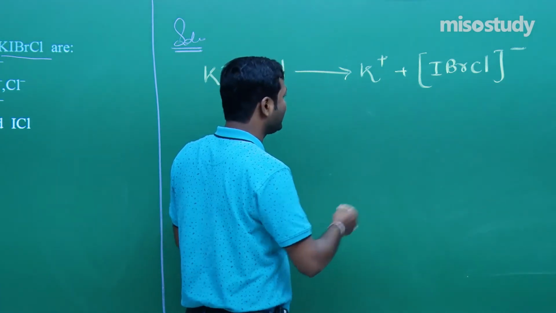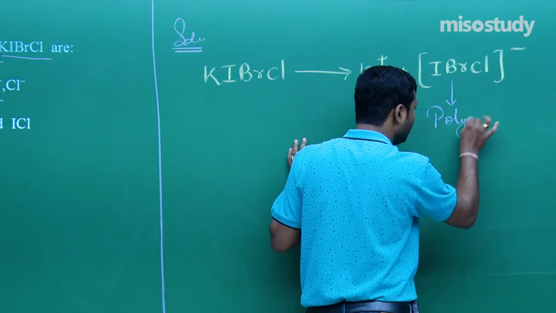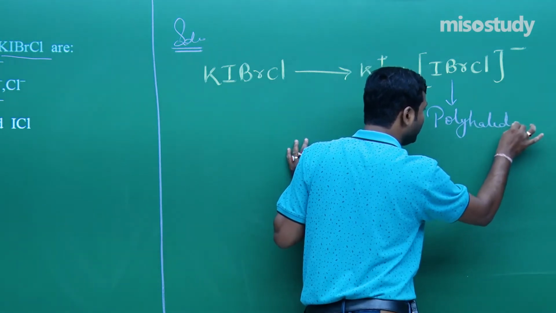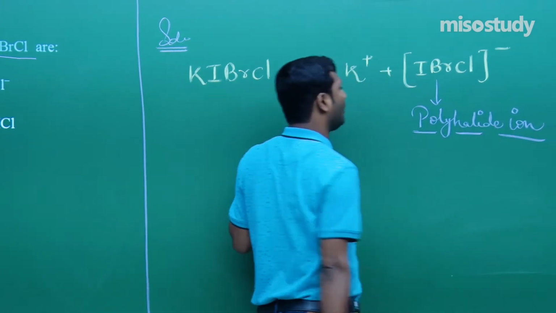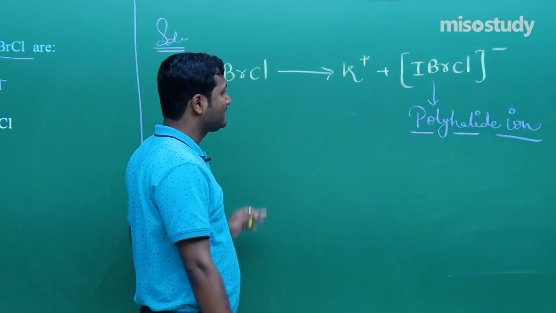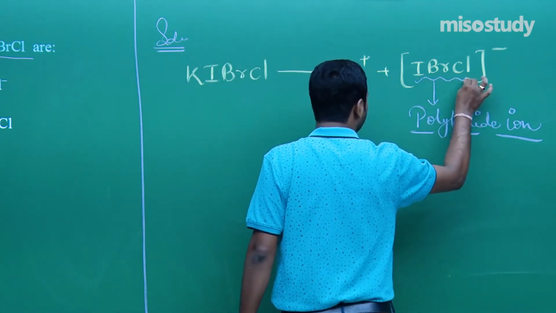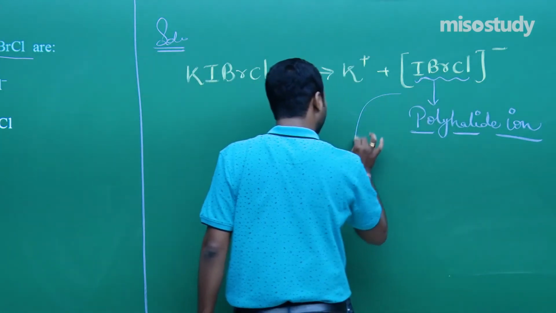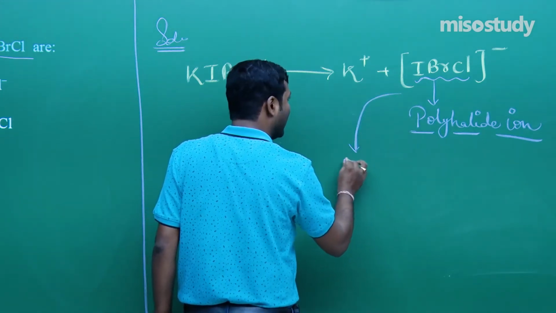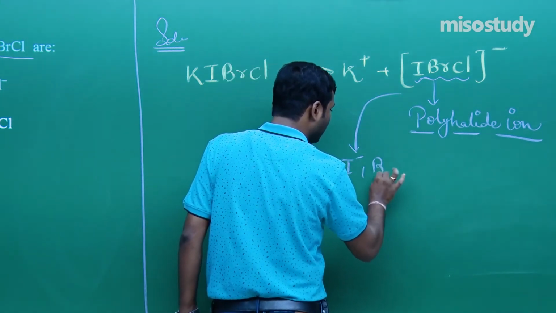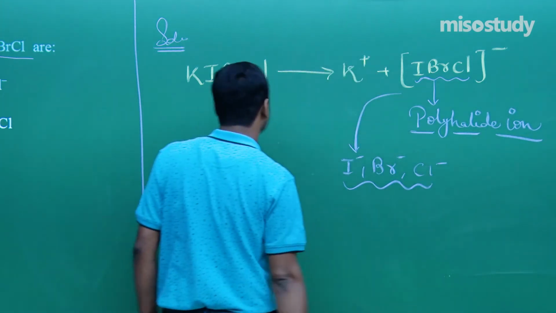That is, it dissociates to give a polyhalide ion. Further dissociation is not possible. In this case further dissociation is not possible, it is a stable anion. You cannot write it like I minus, Br minus, Cl minus. Further decomposition is not possible.